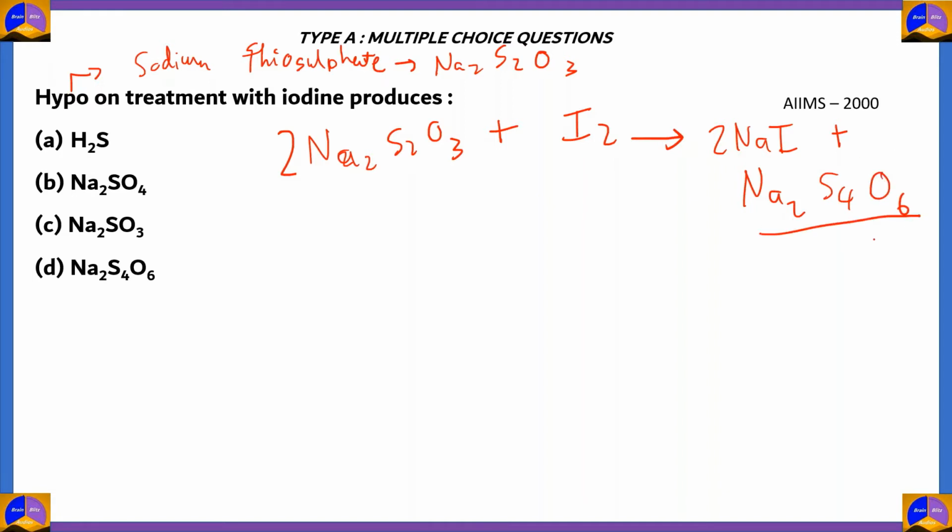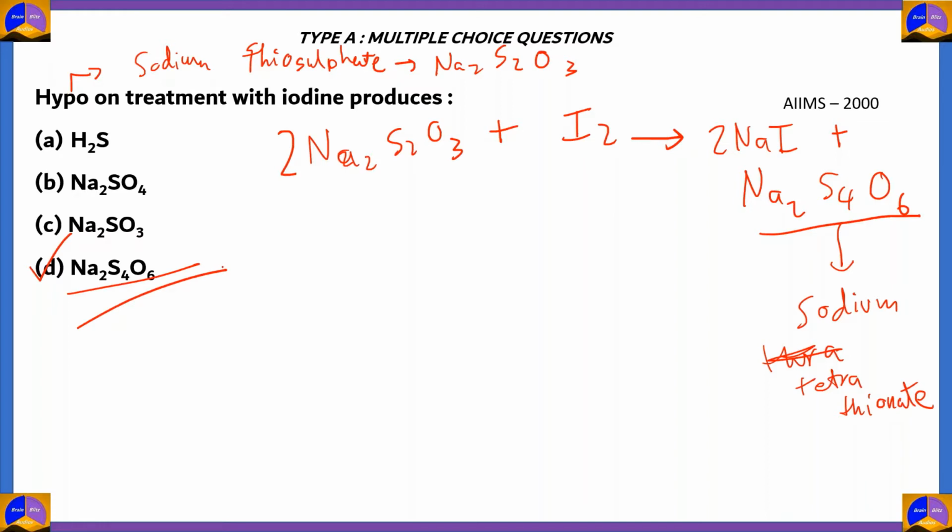So Na2S4O6 will be the main product along with sodium iodide. Now this compound is known as sodium tetrathionate. So therefore, option D, Na2S4O6, sodium tetrathionate, is the right answer.